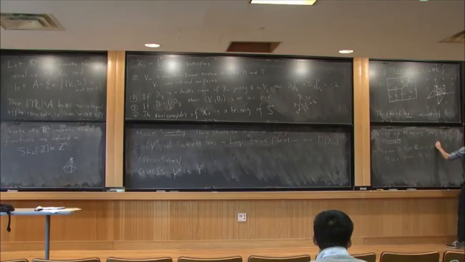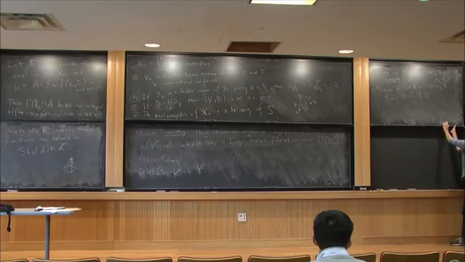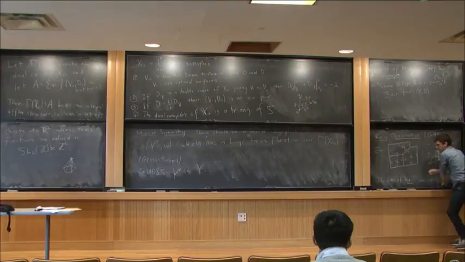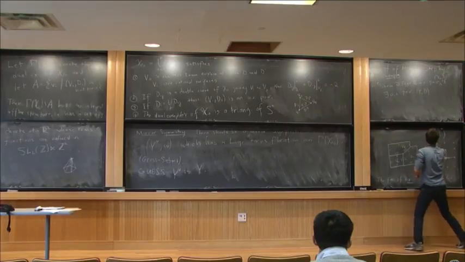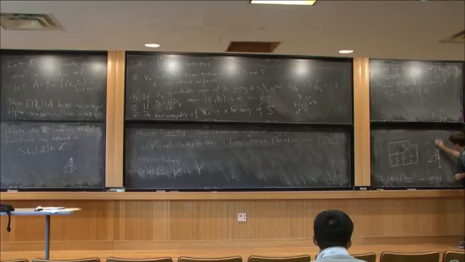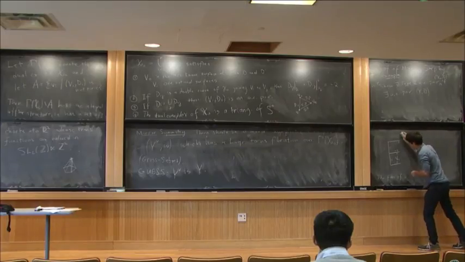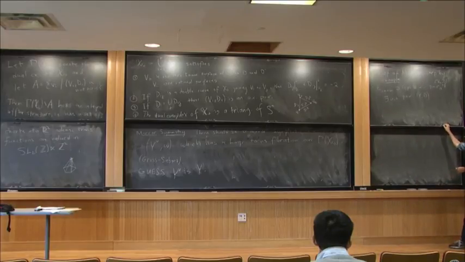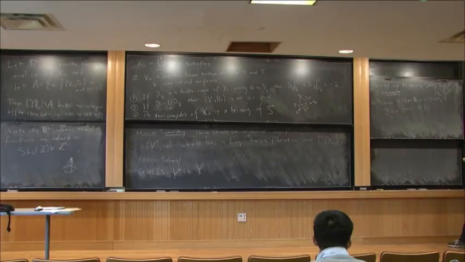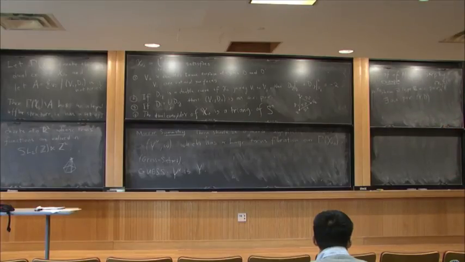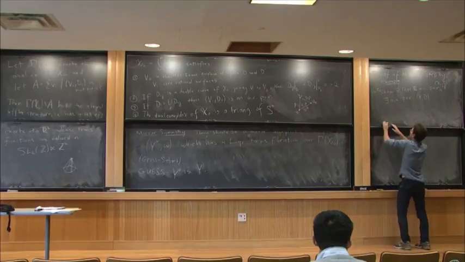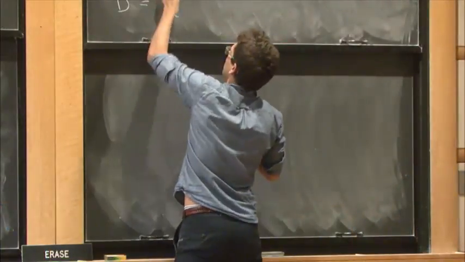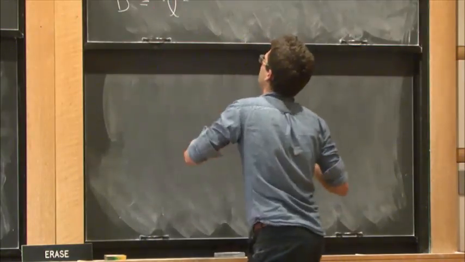I should say X naught D. Let's go back to our previous example, where D prime was the cusp -6, -2.